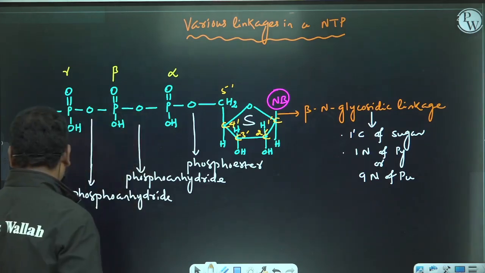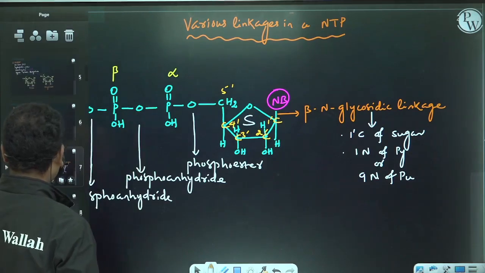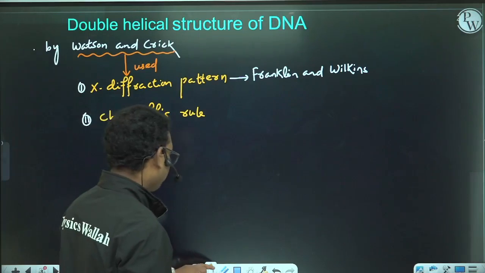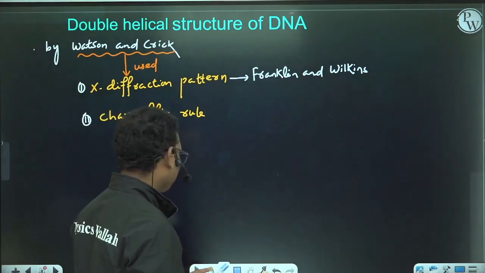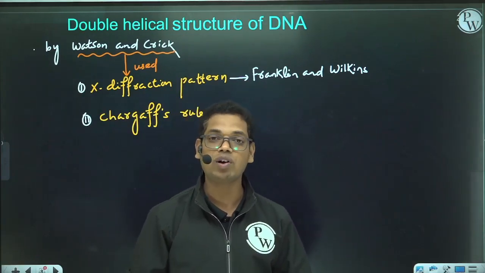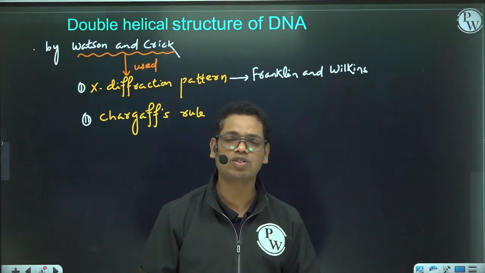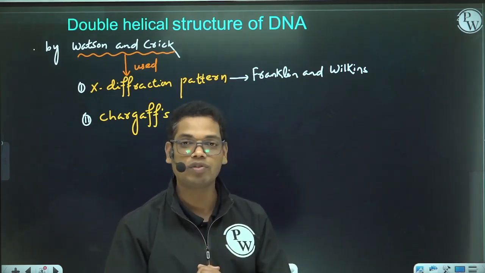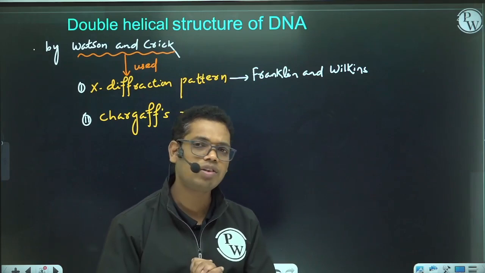Okay. Now let us talk about the structure of DNA. The DNA present in a cell, or DNA in general, can exist in various forms, like the A form, B form, Z form of DNA, etc. And the most common form of DNA is the B form of DNA.